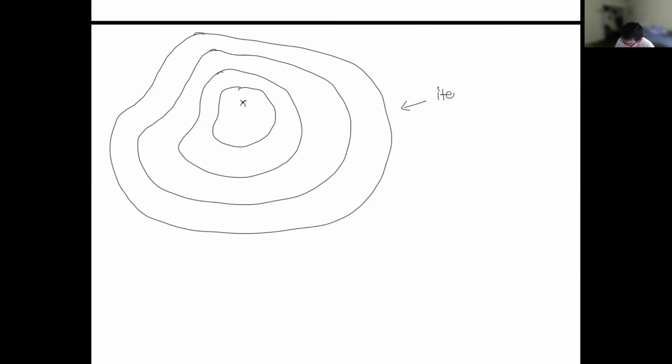So these are all iterates, and you regard each iterate as a single critical point. And now what you want to do is to study the differentials between these iterates.